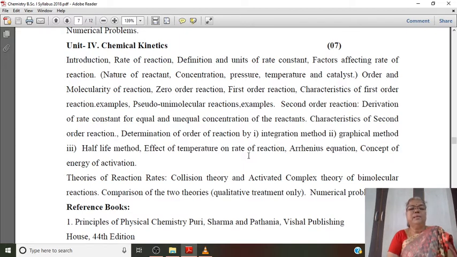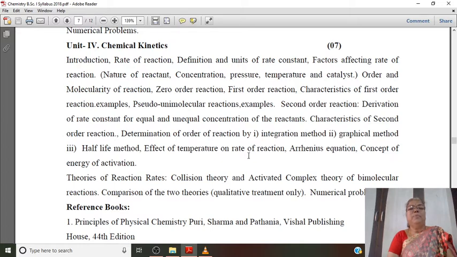And the last point of this chapter is the theories of reaction rates, collision theory and activated complex theory of bimolecular reactions, and comparison of the two theories, qualitative treatment only, and the numerical problems, that means the formulas that are involved in the study of this chapter.